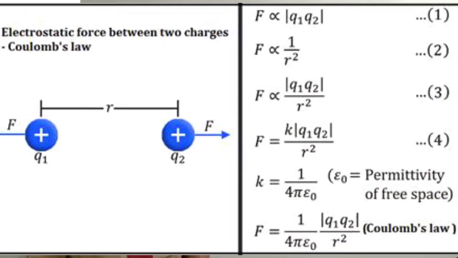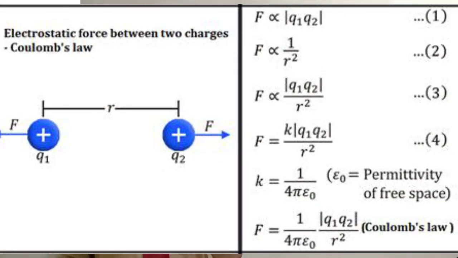The value of K, as you can see, is 1 by 4 pi epsilon naught. This epsilon naught can be written as epsilon also, or epsilon r, which we'll see. Here epsilon naught is the permittivity of free space. The value of 1 upon 4 pi epsilon naught is 9 into 10 to the power 9 units.